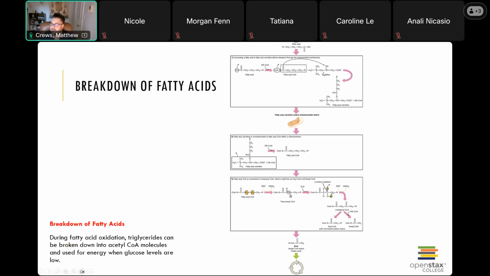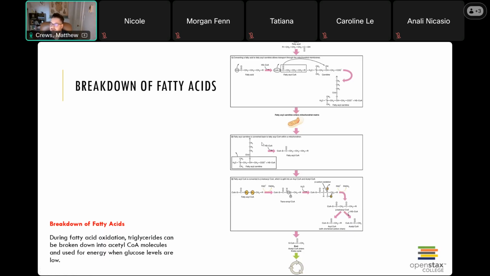Then that reacts with carnitine, which is kind of like an amino acid, but not really, and that creates fatty acyl carnitine. So you're just taking two molecules and putting them together. That fatty acyl carnitine enters the mitochondrial matrix. Alone, they can't go into the mitochondrial matrix. Together, they can.